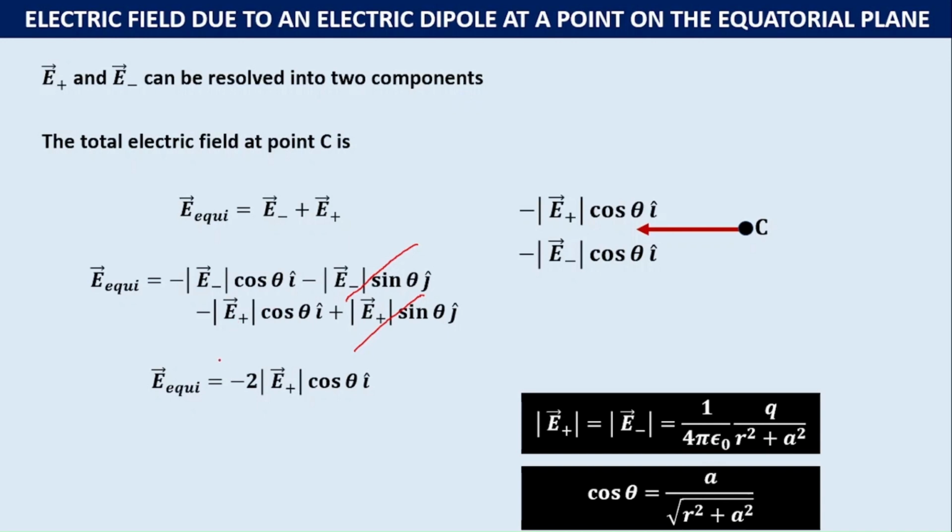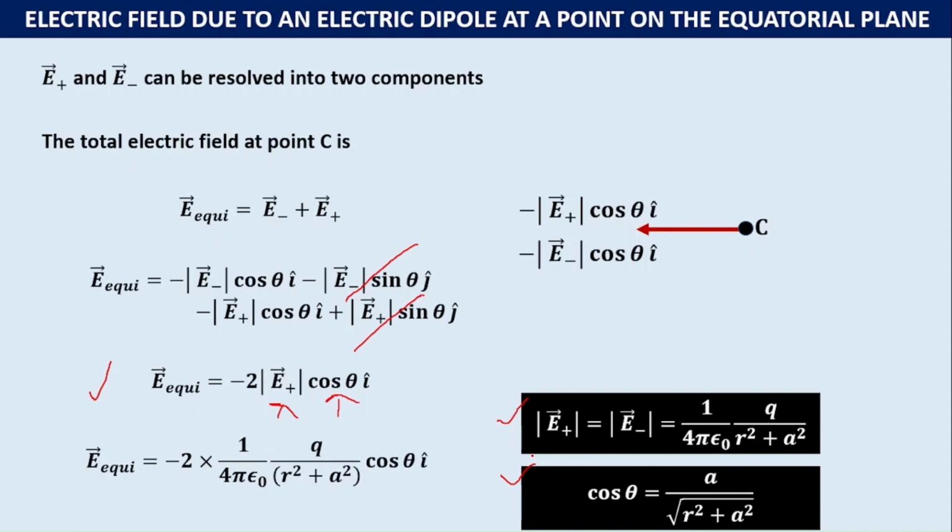So we have only E equatorial, which is equal to minus 2 times modulus of E plus vector cos theta i cap. Here we are going to substitute the value of cos theta and the value of modulus of E plus from these two equations. Let us first substitute modulus of E plus vector: 1 by 4 pi epsilon naught q divided by r square plus a square.